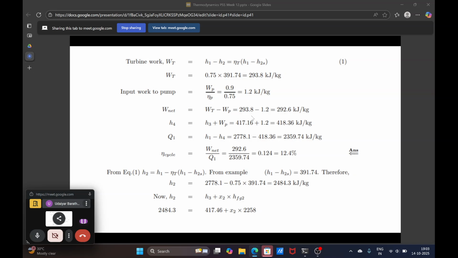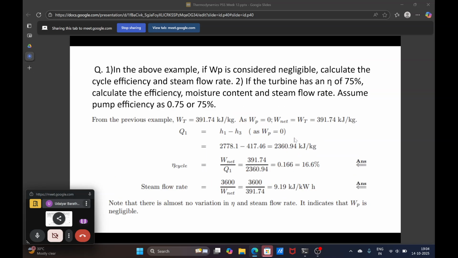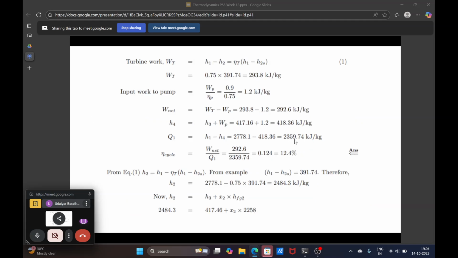So that is the net work. And H4 is H3 plus WP. So H4 is 418.36 kilojoule per kg, and the heat input is increased to 2359.74. So previously it was 2360.94. It has now become 2359.74 kilojoule per kg.